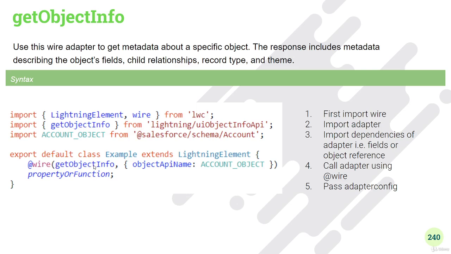As the wire service expects some wire configuration as well, like adapter configuration, here we have to pass the object API name that tells this adapter for which object it has to fetch the metadata. Here we are passing the account object, and to pass that we have to import the reference of the account object. And once the data comes, you can cache the data either in a property or a function.